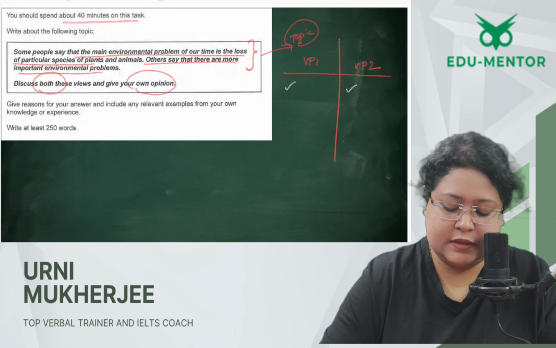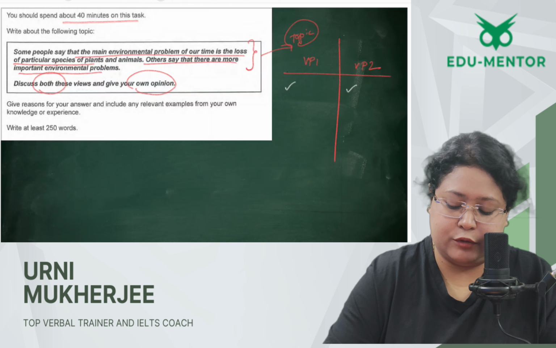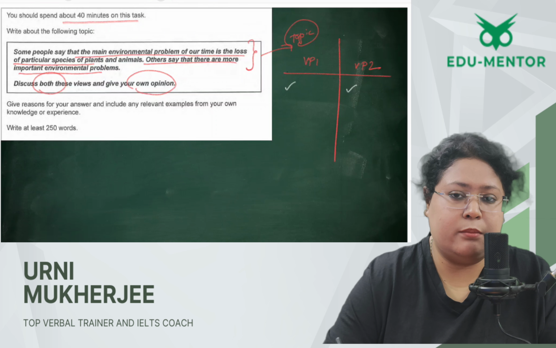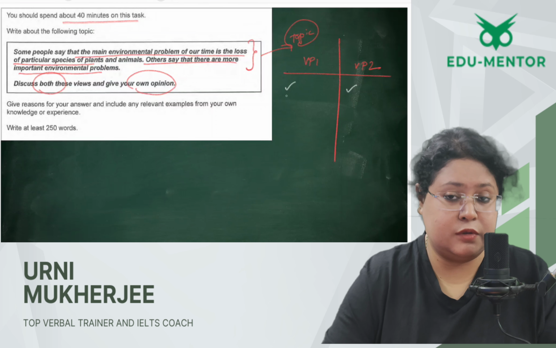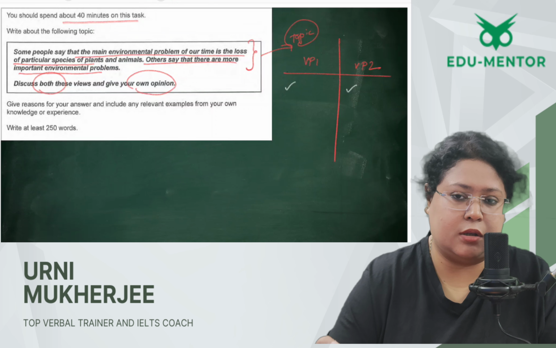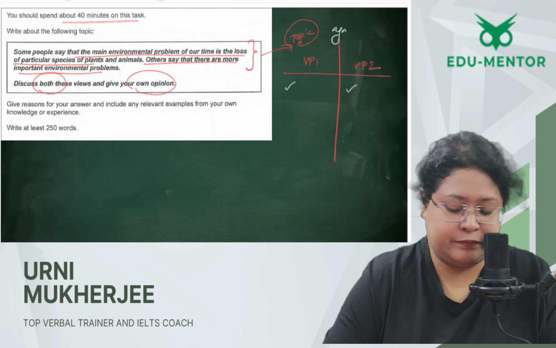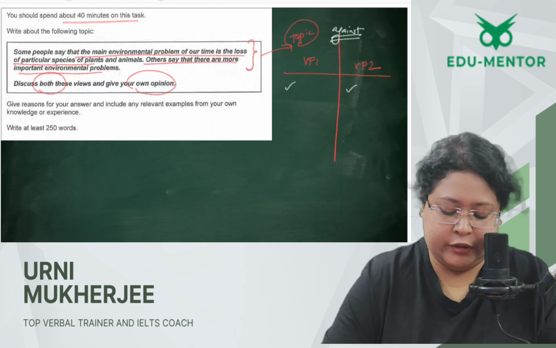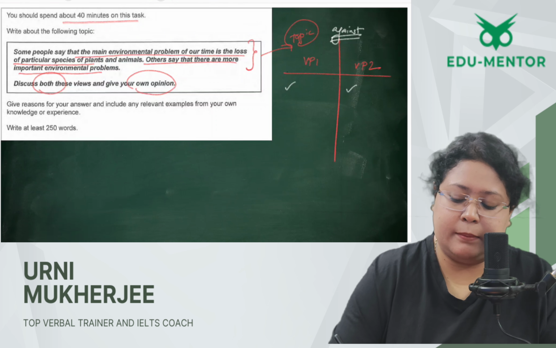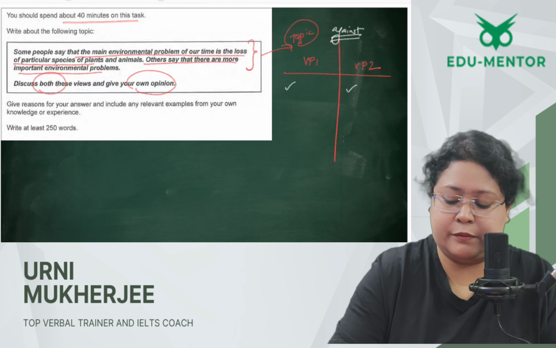Now, let's say your opinion is towards viewpoint 1, or towards viewpoint 2, or if you have a more balanced opinion, that is also something you can add depending on how you construct the logic of your essay. Now, look at viewpoint 1. It is usually against viewpoint 2. So we're talking about two opposite viewpoints, right?